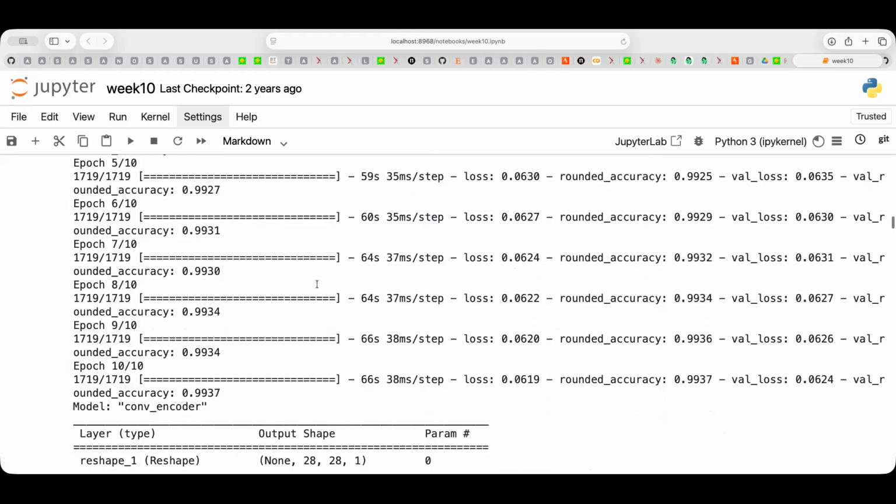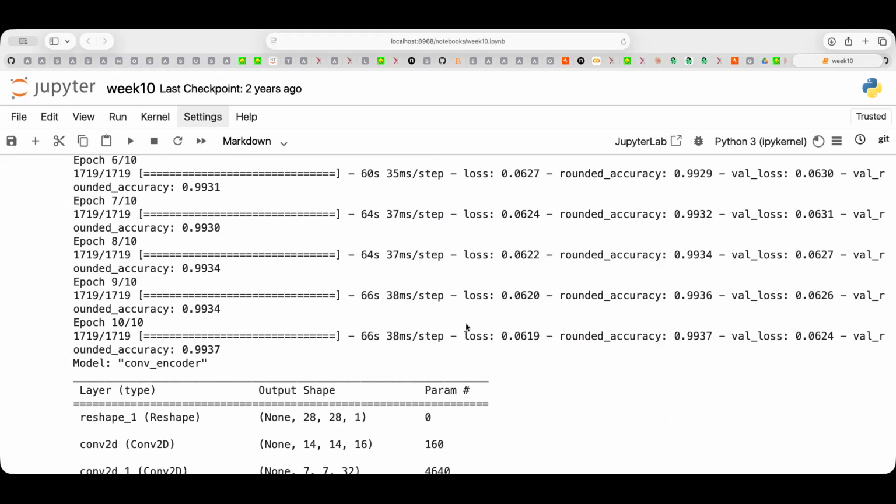And when you run this one, you see now that the rounded accuracy is actually better, as expected, than the one we had with a standard feed-forward neural network. And we know from previous, when we have looked at CNNs, that they actually give a better training than a standard feed-forward neural network.